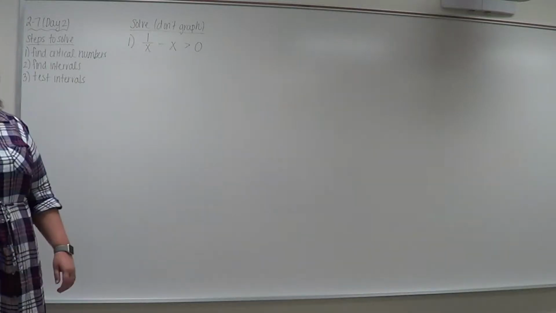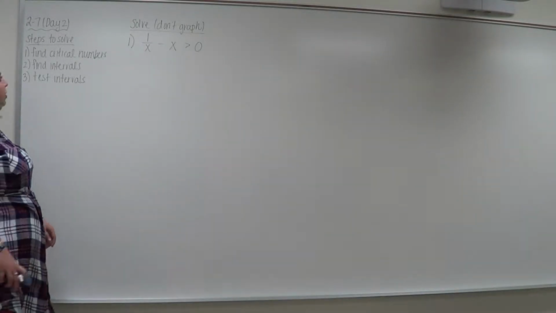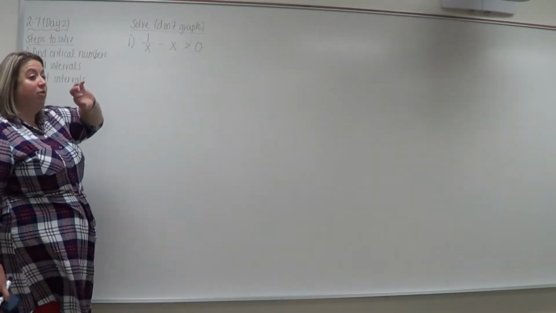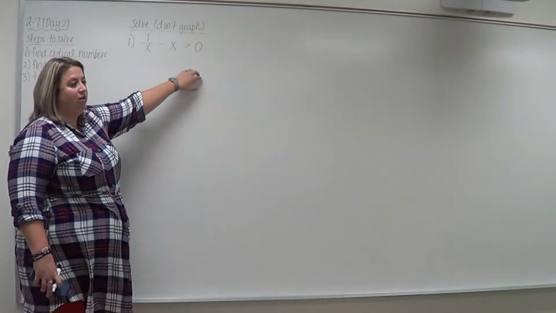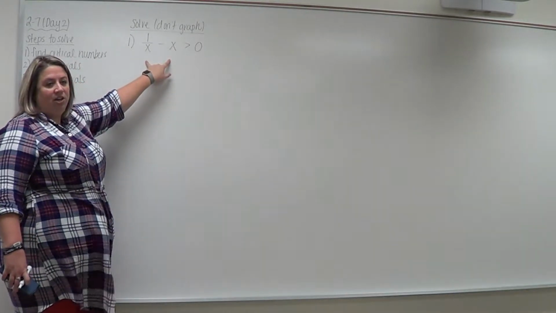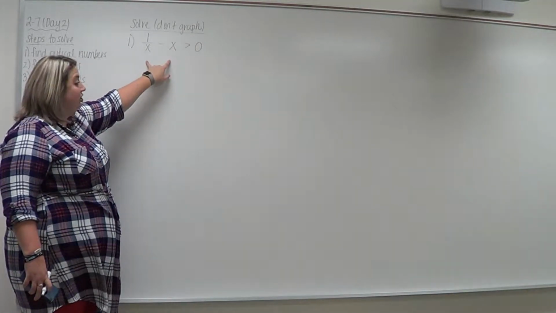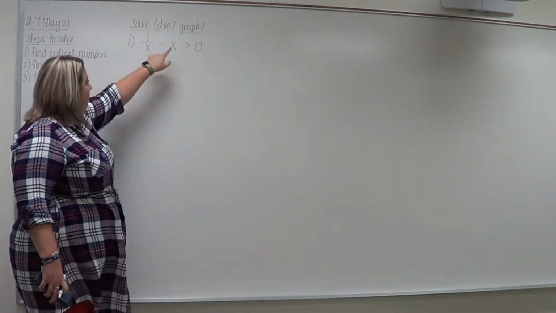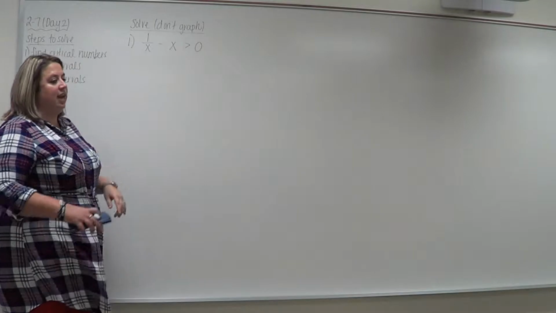Okay, you ready? Alright, so when we're doing the rational ones, the first thing you have to do is get 0 over here, which we've already done. You need to make this one fraction. How you make it one fraction is you get a common denominator. This one has an x and this one has a 1, so this one needs an x.